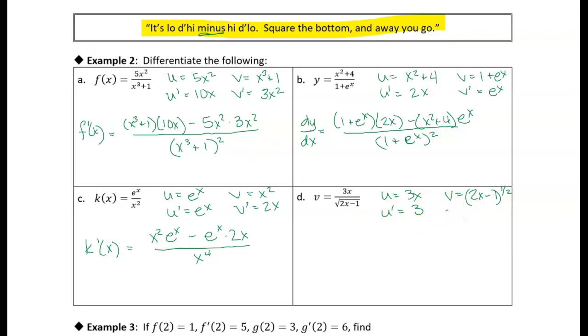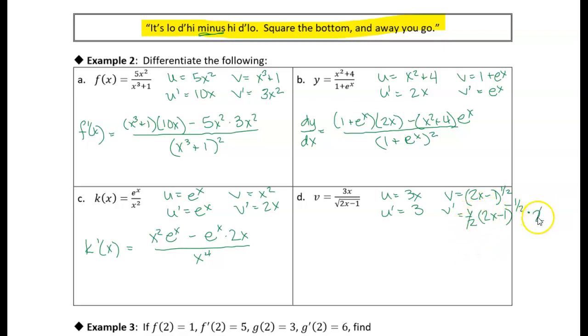The derivative of the low function is going to be 1/2 times 2x minus 1 to the minus 1/2. And then I have to use the chain rule, so I need to multiply by the derivative of the inside function, which is the derivative of 2x minus 1, which is just 2.